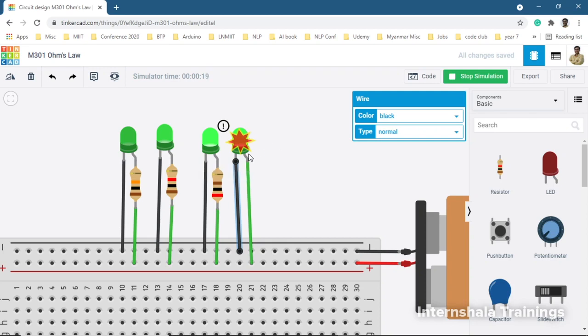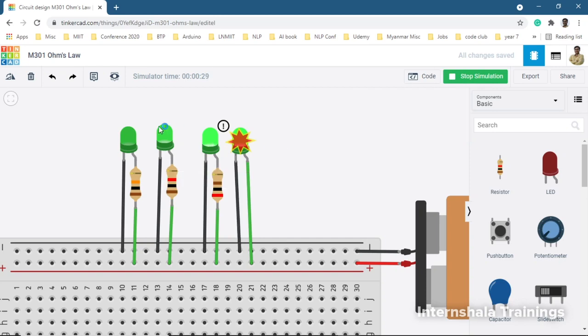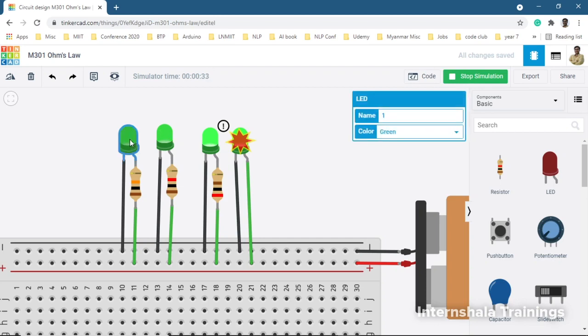This has burnt. The second LED is showing a warning signal. That means the current is very close or slightly above the maximum threshold. The third one is working fine. The fourth one is glowing but very low. So what are the reasons for that?